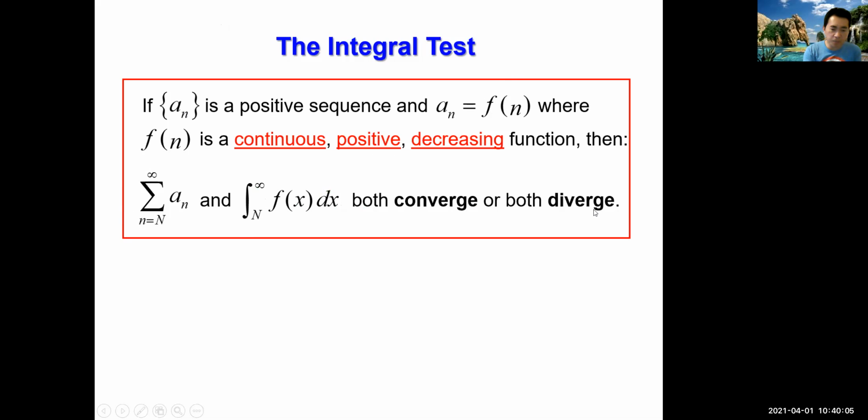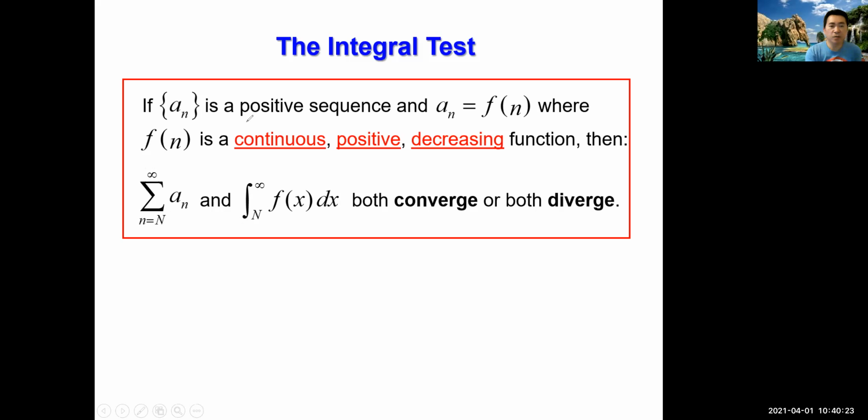In fact, the capital N here could be any integer. It could start at 2, at 3, at 5. It really depends. Sometimes the series starts at 1, so it could be 2, 3, 5.